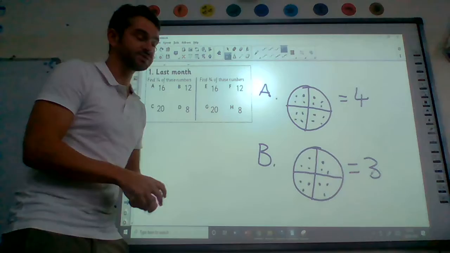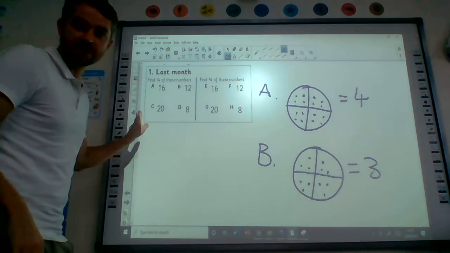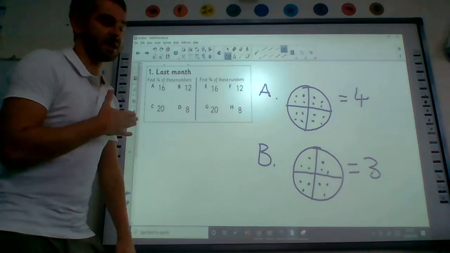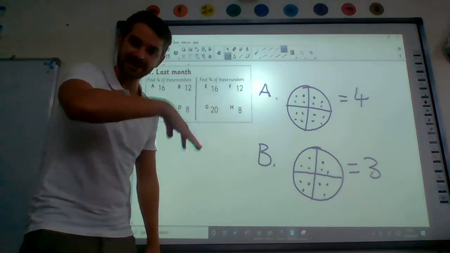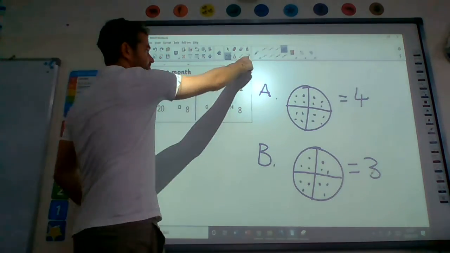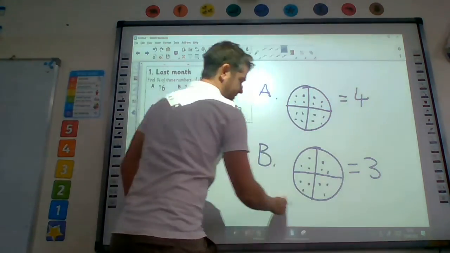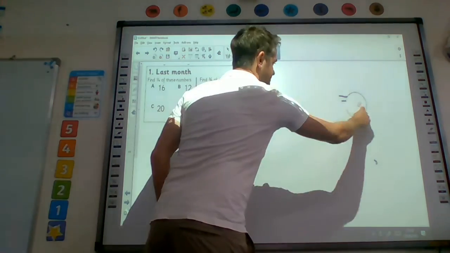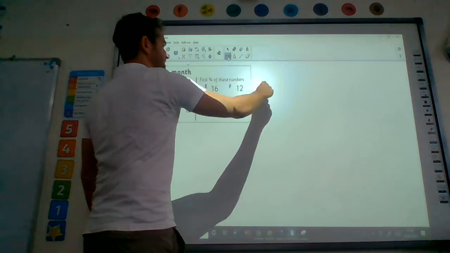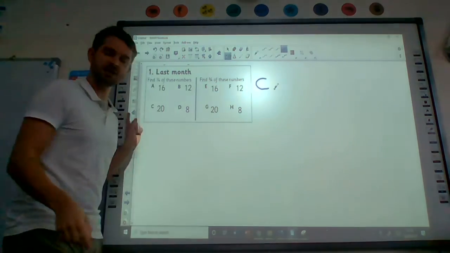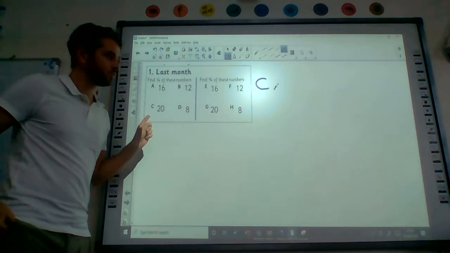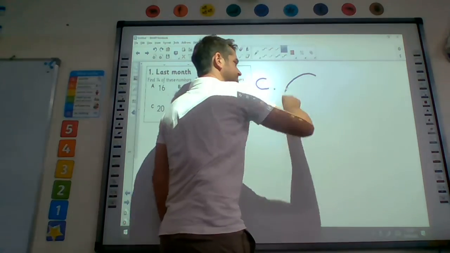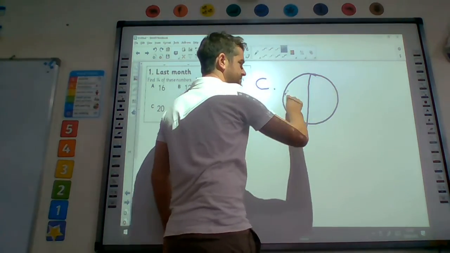Those are two examples. I'm sure now you can have a go at C and D without my help. You do those, then come back and see if you were right. Okay, time for C and D. C is 1/4 of 20. So I'm going to start in the same way. Here are my quarters.